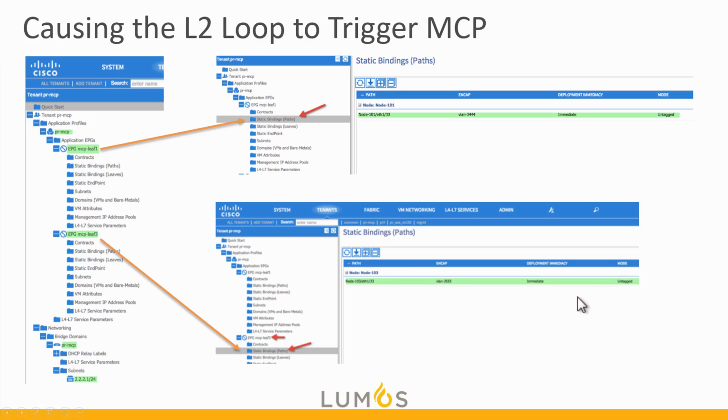And again, it really wouldn't even matter what VLAN we chose, as long as the AEP that we associated our physical domain with had that as a statically allocated VLAN block in the VLAN pool. Okay, so at this point, we're essentially untagged everywhere. So it's just raw Ethernet frames.